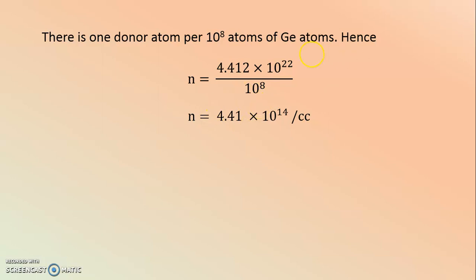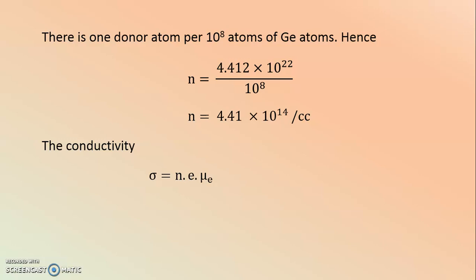Now we substitute this number to calculate conductivity. The conductivity formula is sigma is equal to n into e into mu e. Mu is given, n is calculated, and e is the standard constant, which is 1.6 into 10 raised to minus 19.